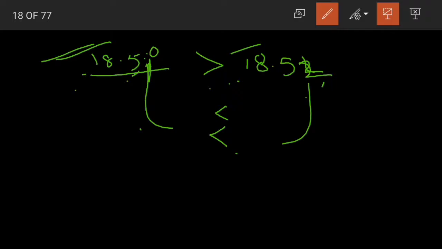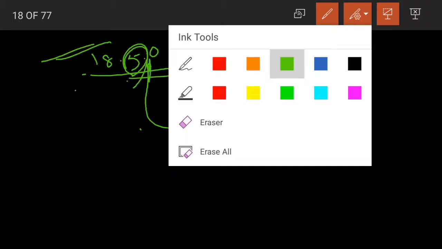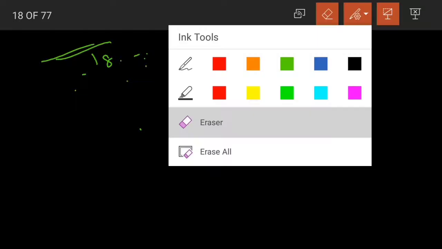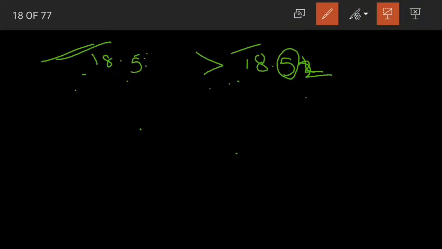If you do not want to convert them into like decimals, only compare the digits in the same place. These are the two ways. One, you can convert them into like decimals and compare directly. See, if we convert this into like decimal, we had 18.5, here we are having 18.52, so it will become 18.50.